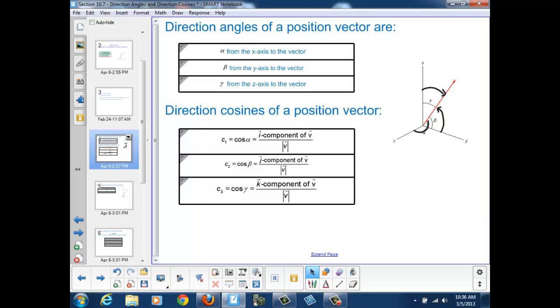So for C1, the cosine of alpha, we take the i component of V and divide it by the magnitude of V. For C2, the cosine of beta, we take the j component of V and divide it by the magnitude of V. And for C3, the cosine of gamma is equal to the k component of V divided by the magnitude of V.